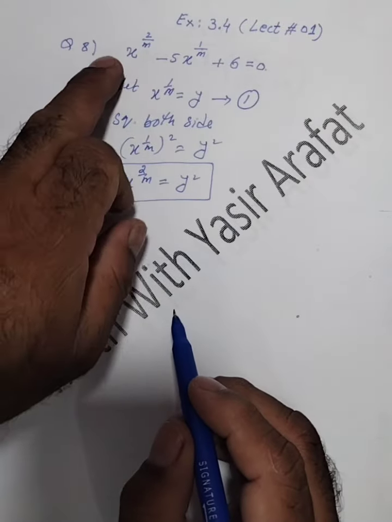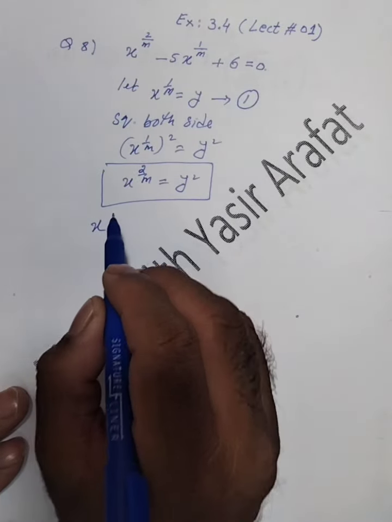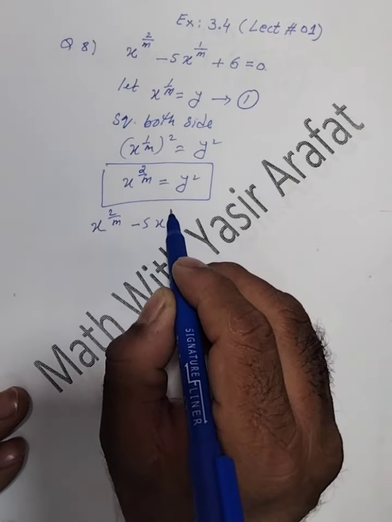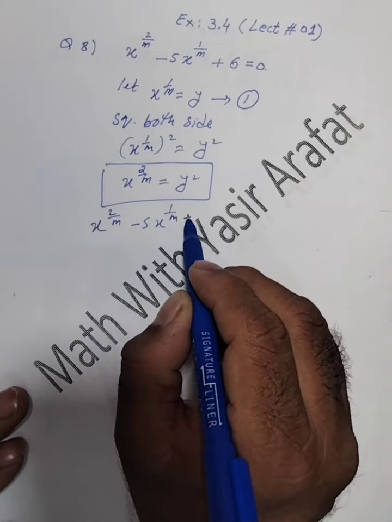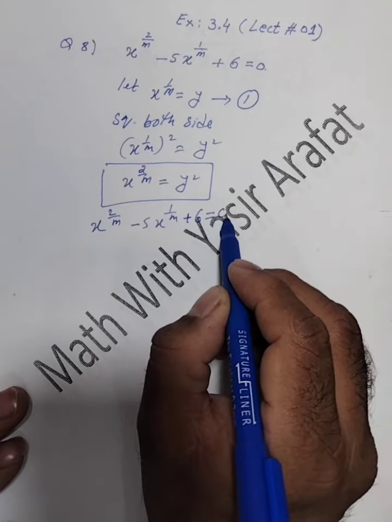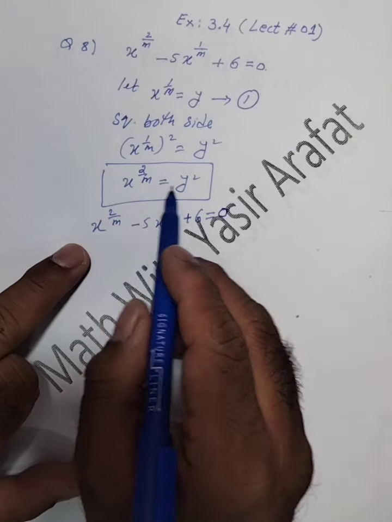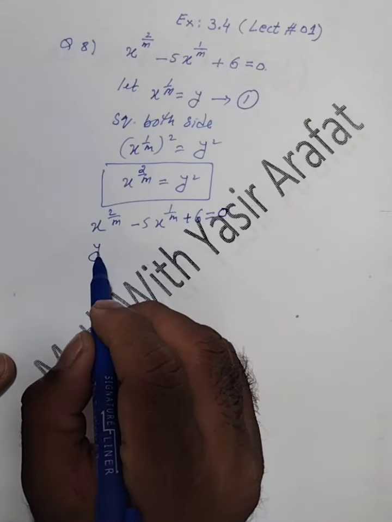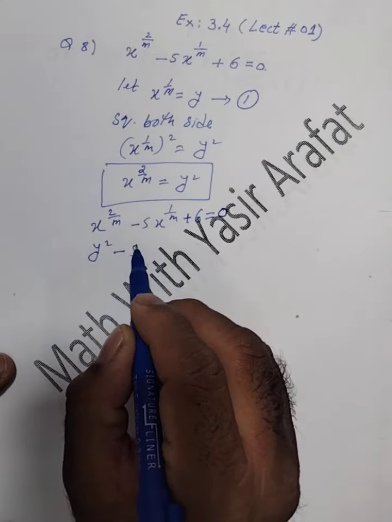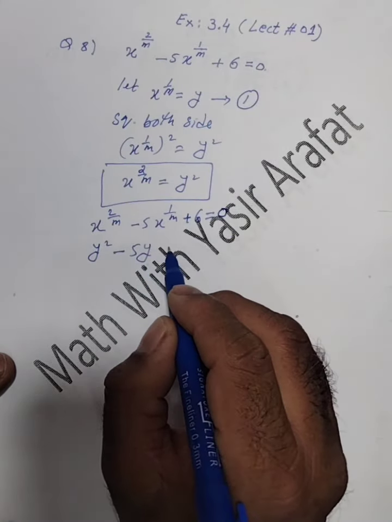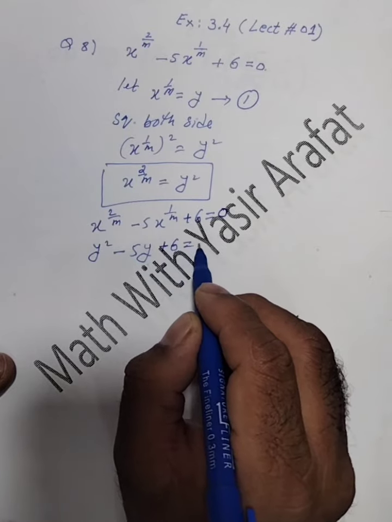So here this is x power 2 upon m minus 5 x power 1 upon m plus 6, it is equals to 0. Now what is the value of x power 2 upon m? It is equals to y square. Minus 5. x power 1 upon m, it is equals to y. So this is equal to 0.